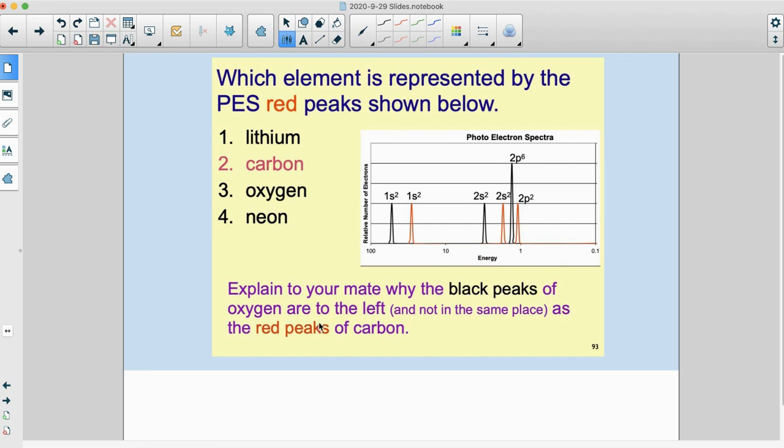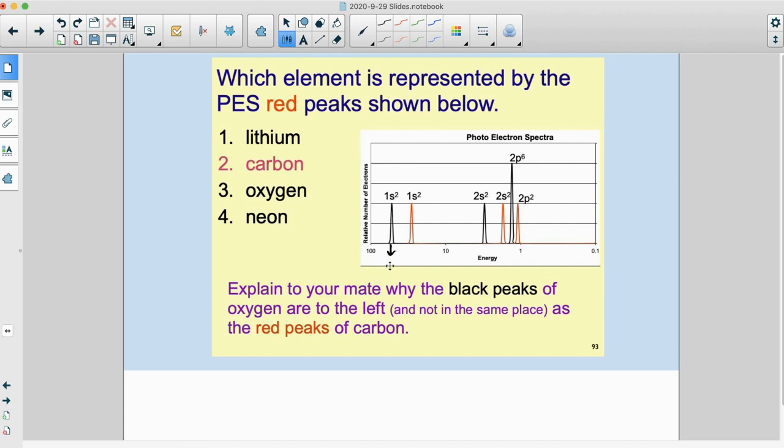Now explain to your mate why the black peaks of oxygen are on the left of the carbon peaks. What's different about carbon and oxygen? Let's just look at the 1s peaks.